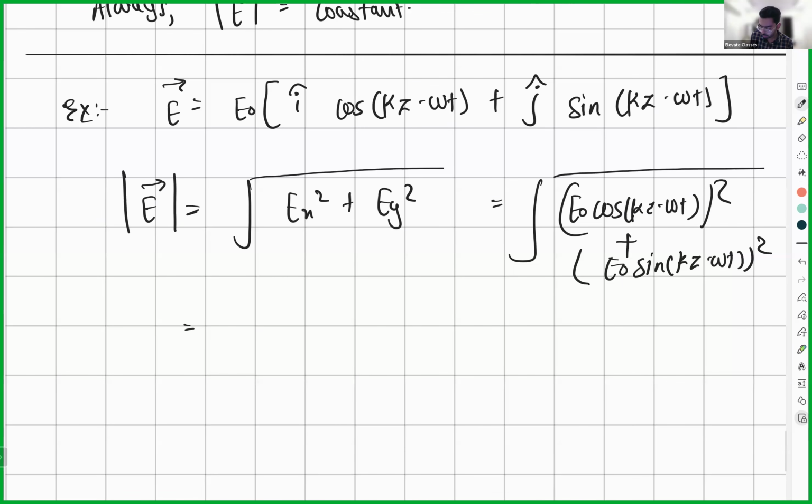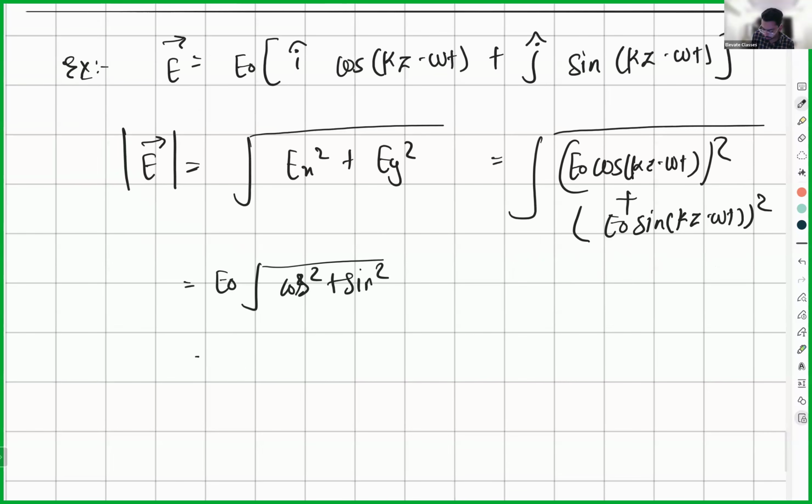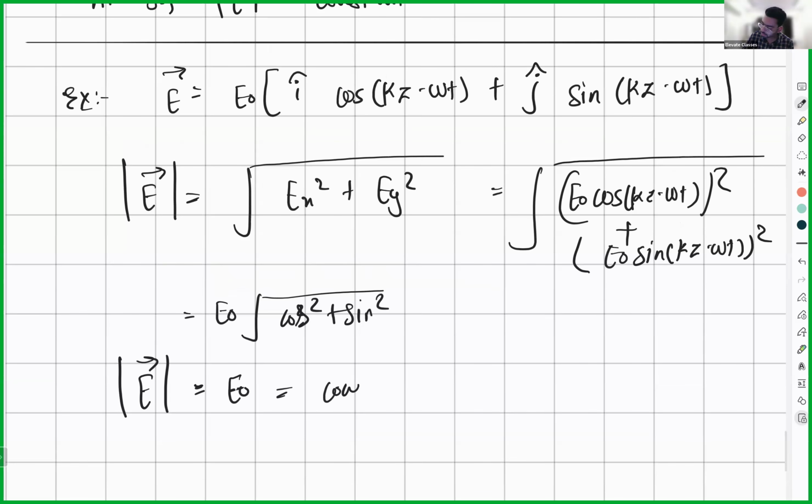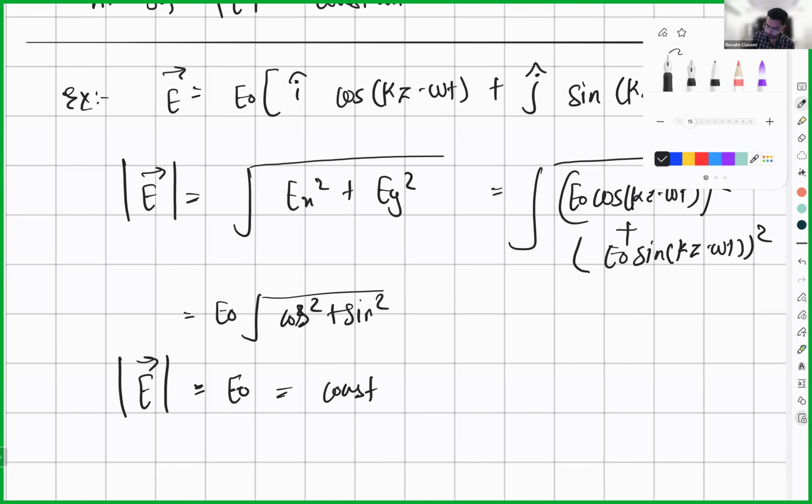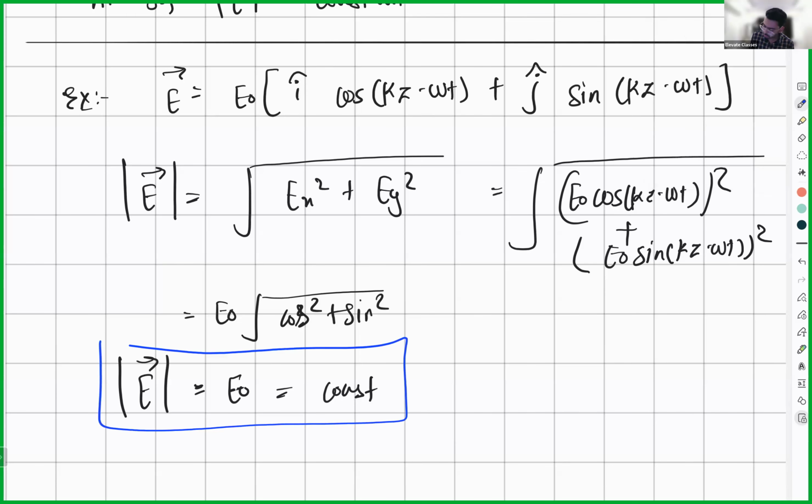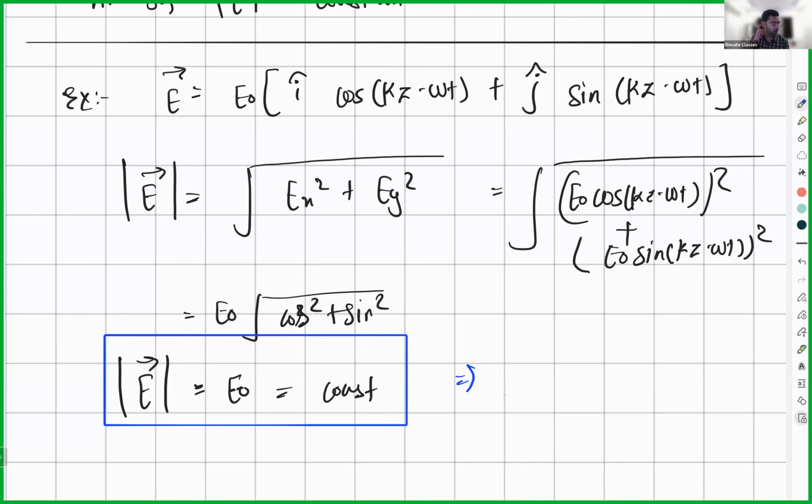This becomes E naught under root cos square plus sine square, which is 1, so it becomes E naught. Now E naught is already a constant, so the magnitude becomes a constant. So this tells you that it is a circularly polarized light.